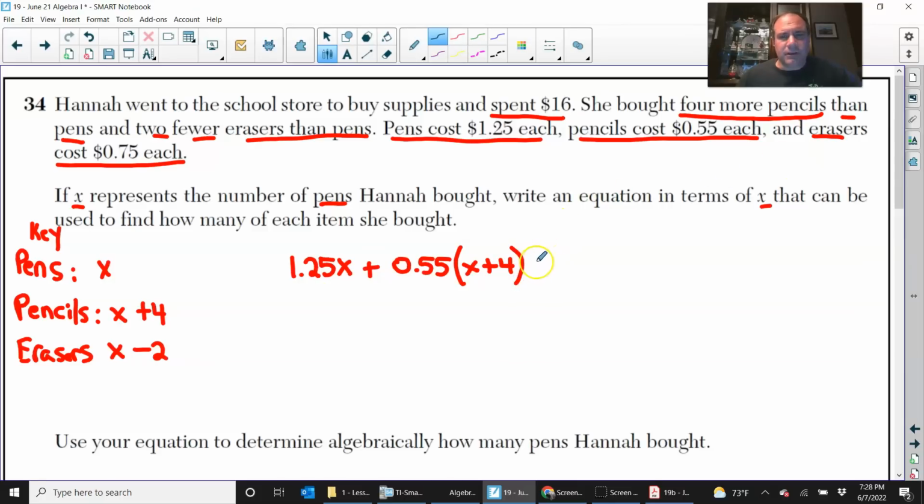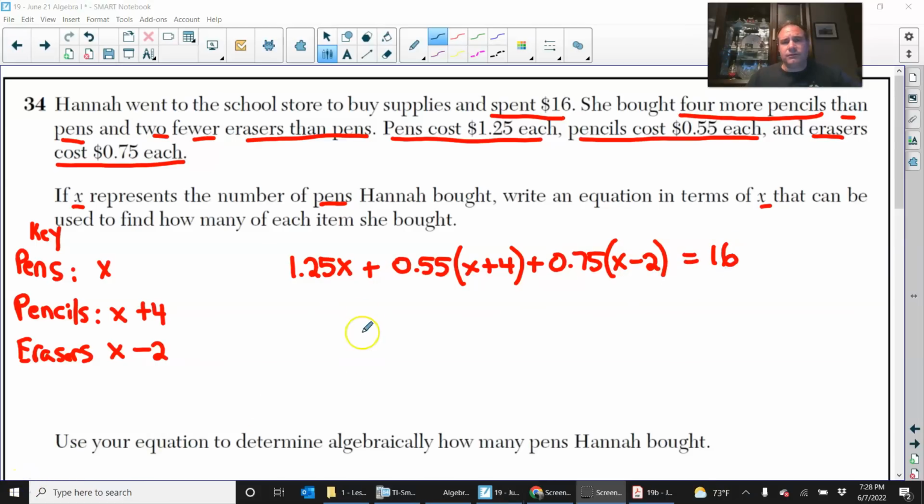Then she bought erasers. So erasers are 75 cents each. And she spent $16. So you're going to have to do distributive property here.